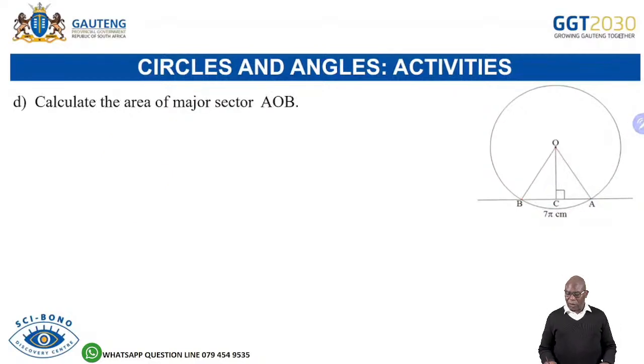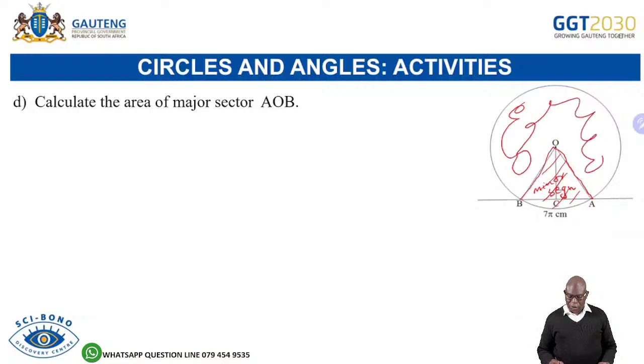D says calculate the area of the major sector. Remember this one here is a minor sector. Sorry, I mean sector. So this part here is a minor sector, and this part here is the major sector.